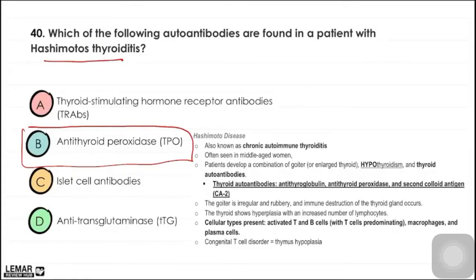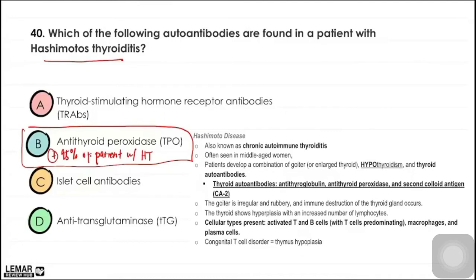In Graves' disease, they present with hyperthyroidism. So your TPO antibodies are found in about 95% of patients with Hashimoto's and are the best indicator of the disease. Positive in 95% of patients with Hashimoto thyroiditis.